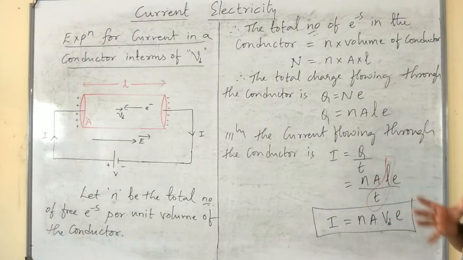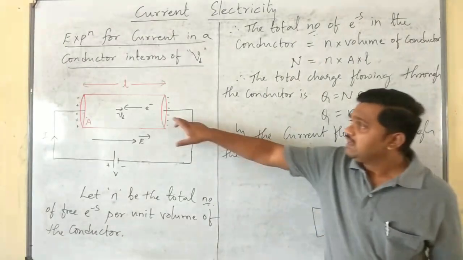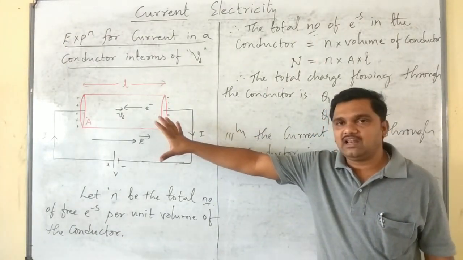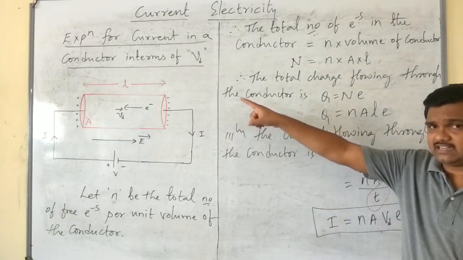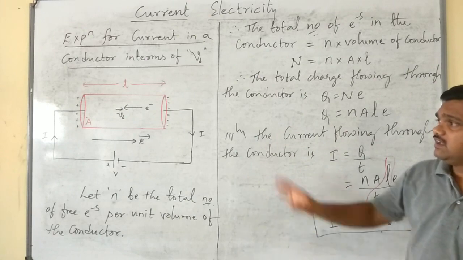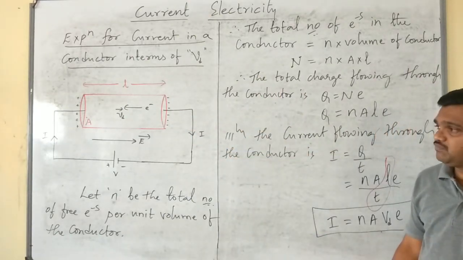Very simple derivation. Please remember, I will repeat briefly. Let small l be the length of the conductor we have selected. So the conductor is cylindrical. Let capital A be the area of cross section of the conductor.